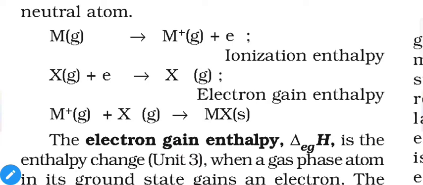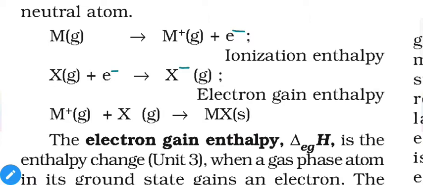X gas gains that electron released from the metal, and it gives X minus gas. Because of a printing mistake, negative signs are not mentioned here, but you can get it. Okay, so these are the negative signs. In the second reaction, the atom gains an electron, which is why the energy involved in it is called electron gain enthalpy.